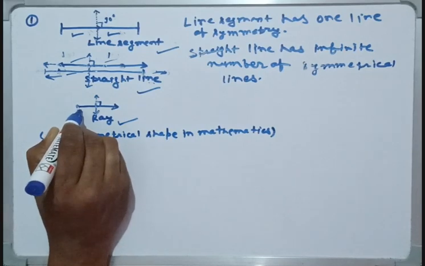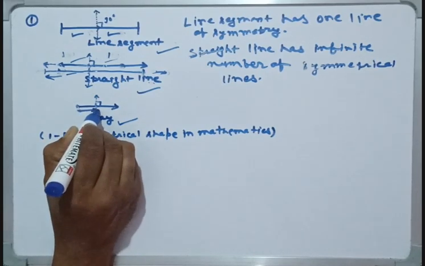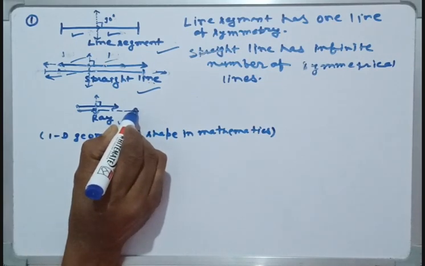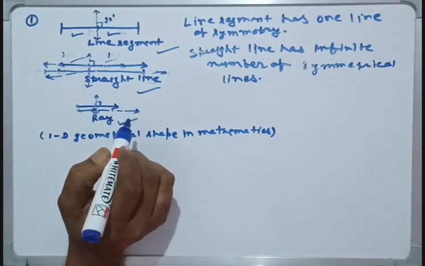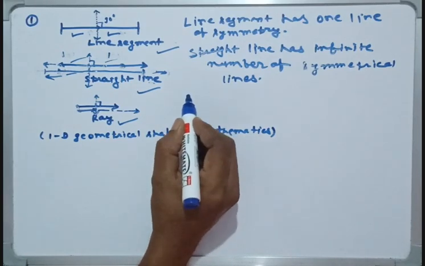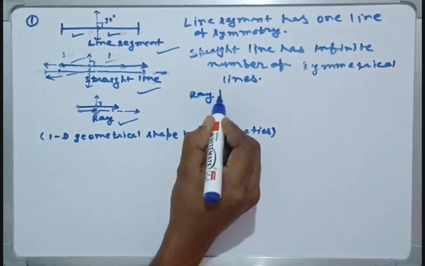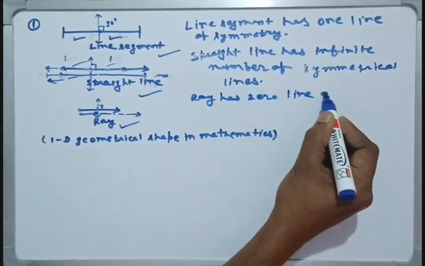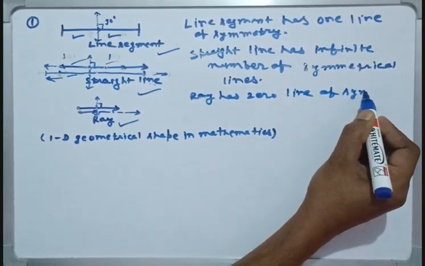So always this length is fixed, but in this direction we can extend it up to infinity. So finally we conclude here, a ray has zero lines of symmetry.